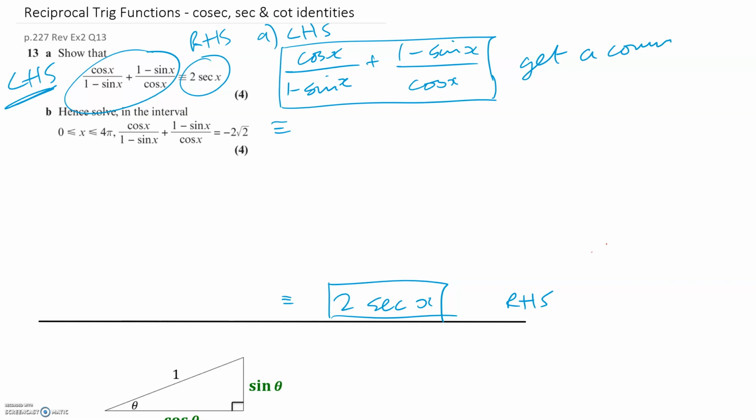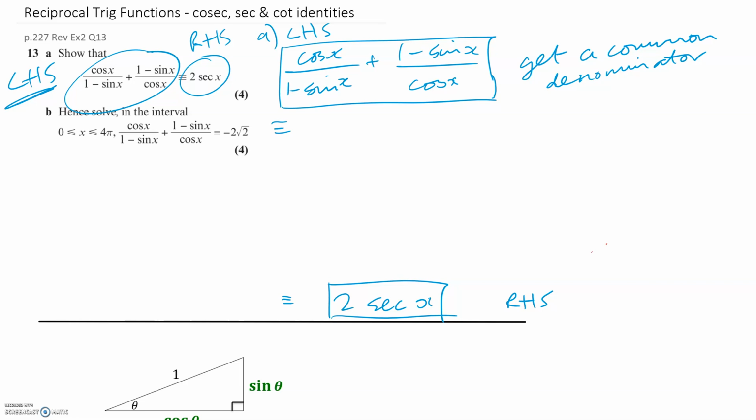And this is often what you need to do for these kind of questions, is to write them as a single fraction, because you end up with just a single expression. So let's try to write this as a single fraction.